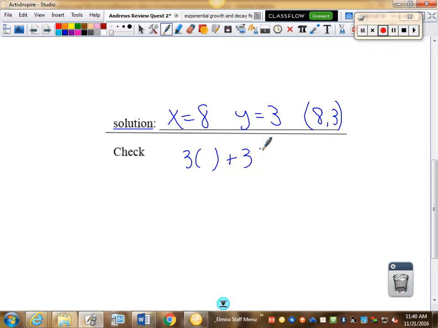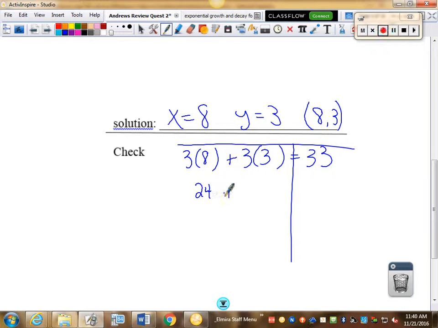Well, x was 8, y was 3. 24 plus 9 is 33. So I checked, they are correct.